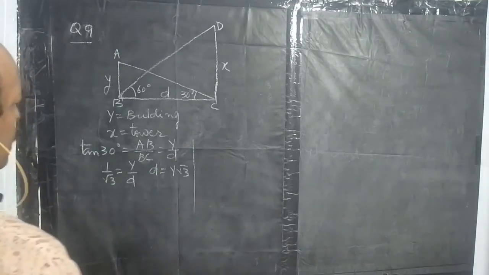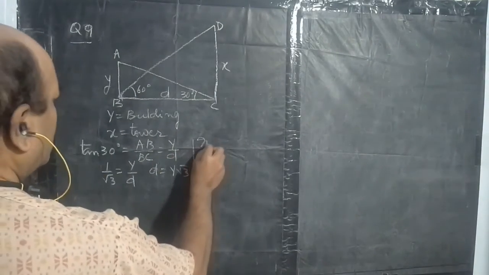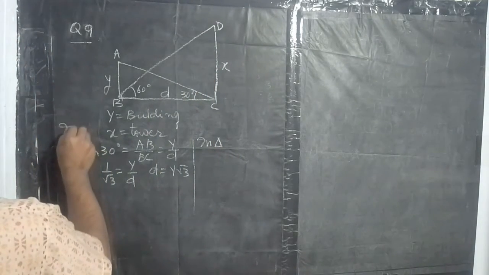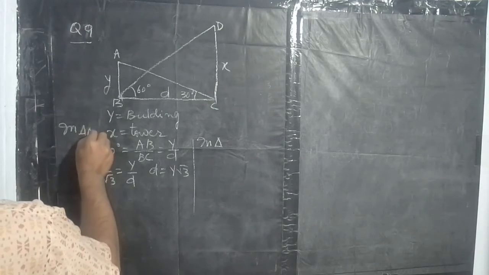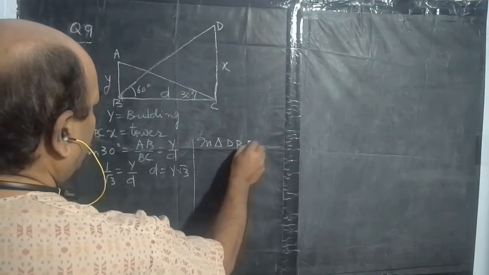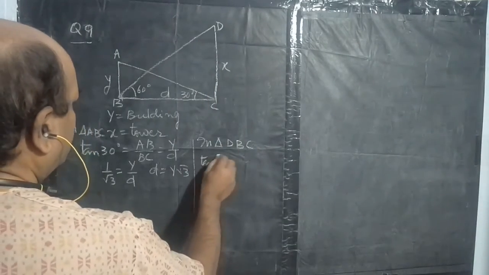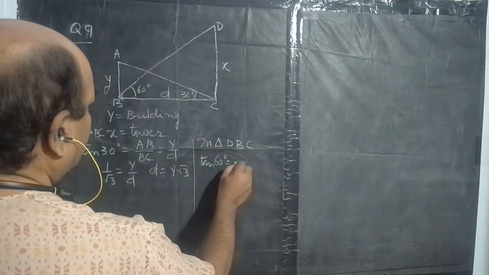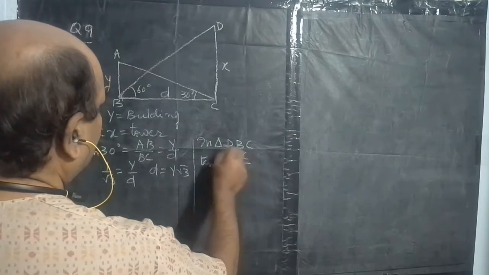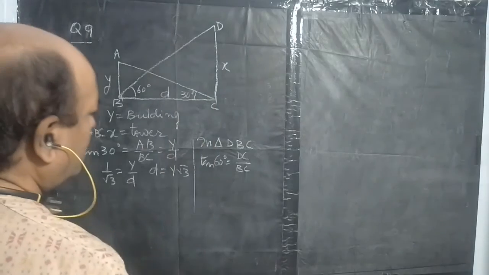This is one relation. Another relation in triangle DBC, tan 60 degree is equal to DC upon BC, opposite upon adjacent.